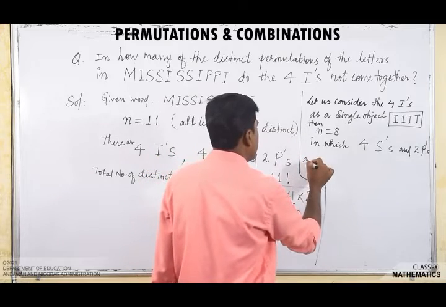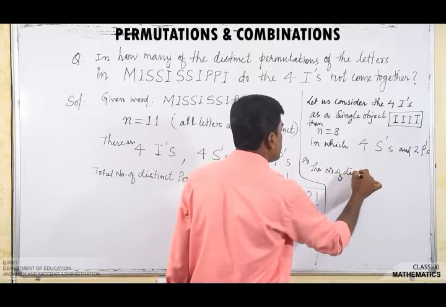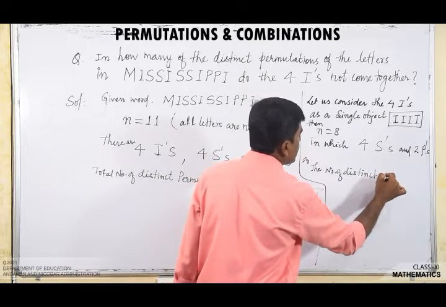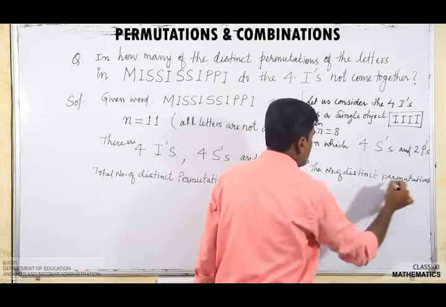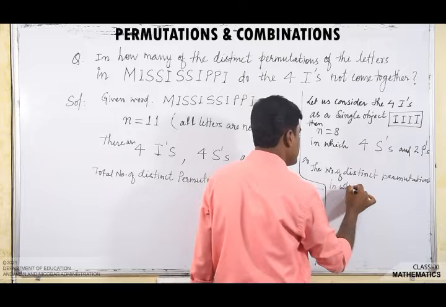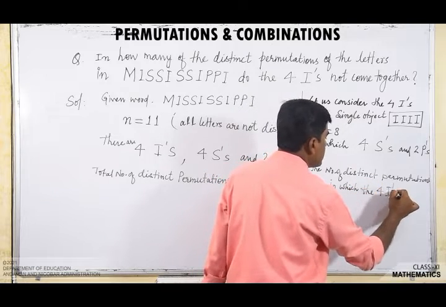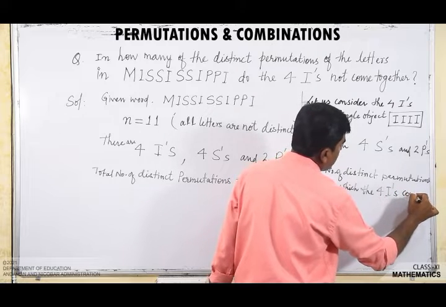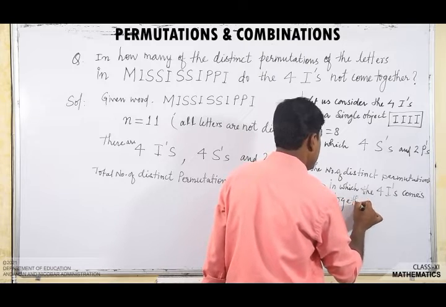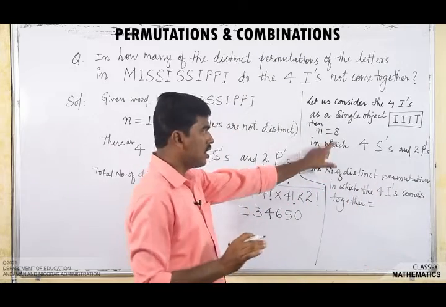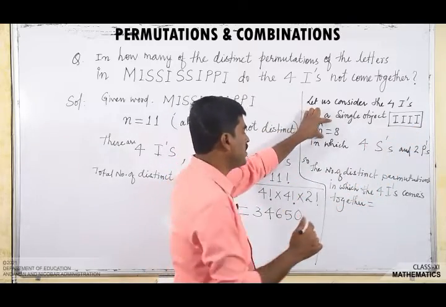So the number of distinct permutations in which the 4 i's come together is, if these 4 i's are treated as a single object, then the total number of letters is 8.